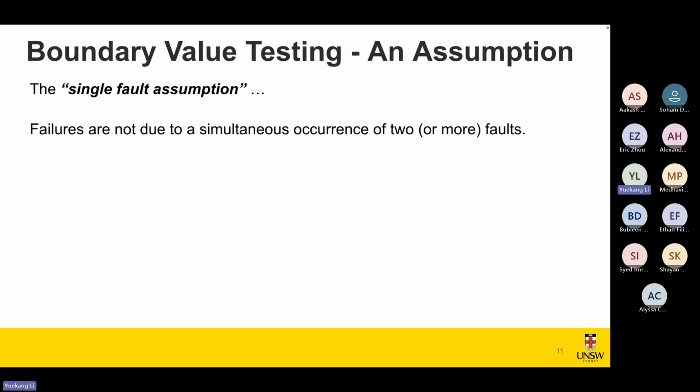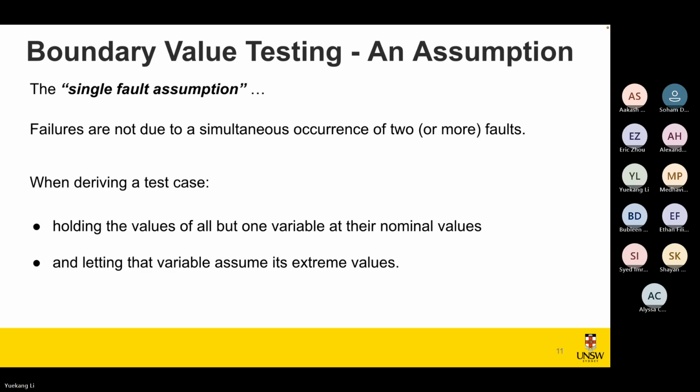It means that failures are not due to the simultaneous occurrence of two or more faults, so only one parameter can be invalid each time. Both parameters cannot take an invalid value in the previous example.